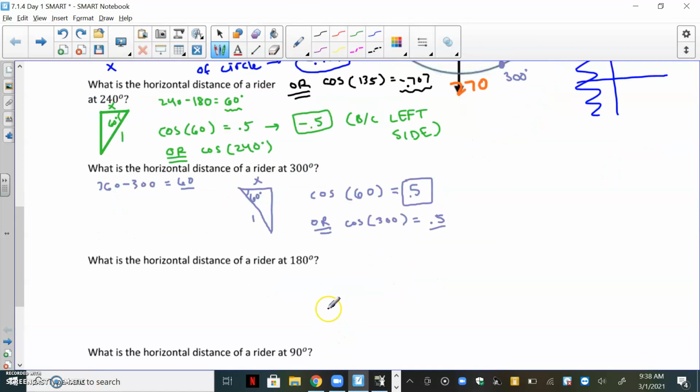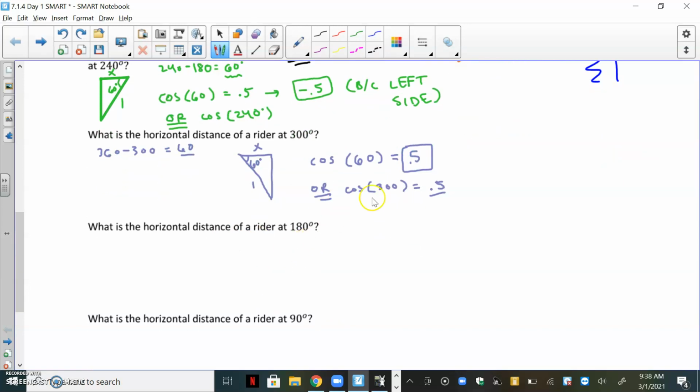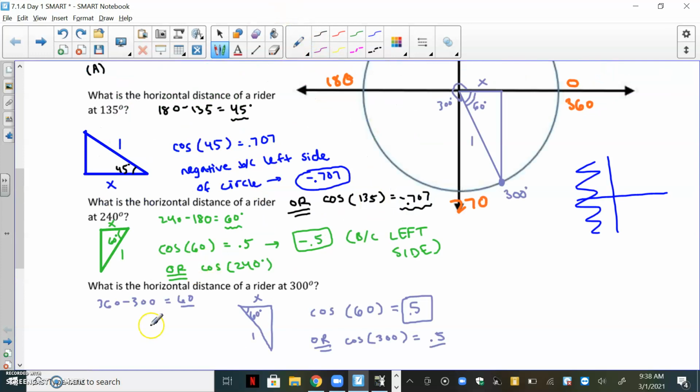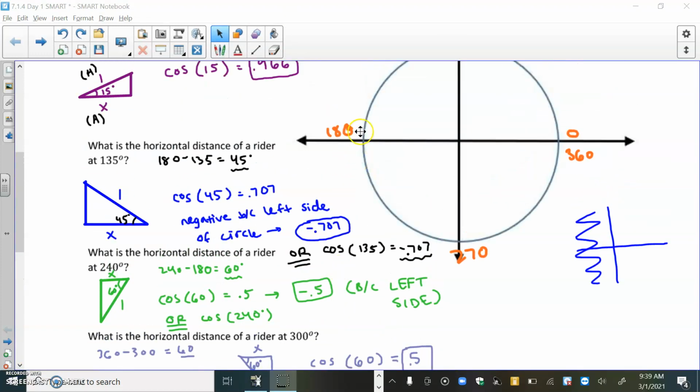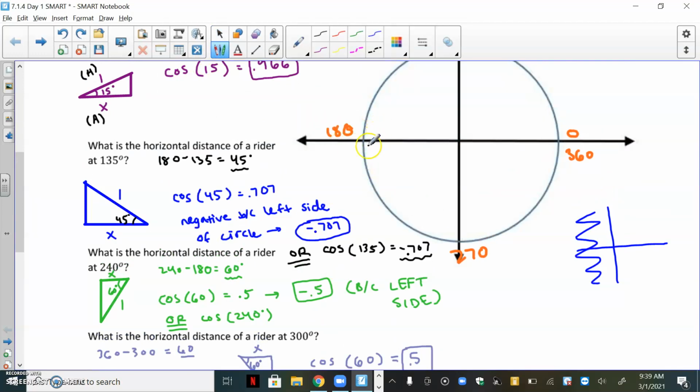All right, we're almost done here. These two are relatively simple now. So at 180, and of course, let me erase. Alrighty, at 180, you look over here and the 180 is literally just a straight horizontal line from the center, right?